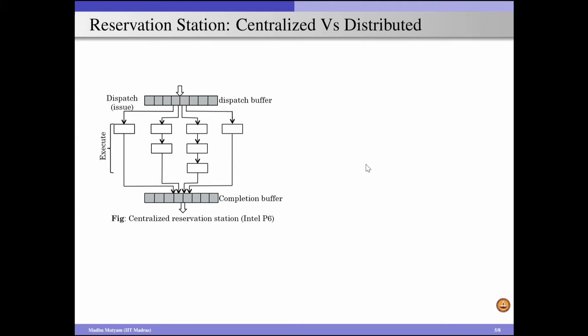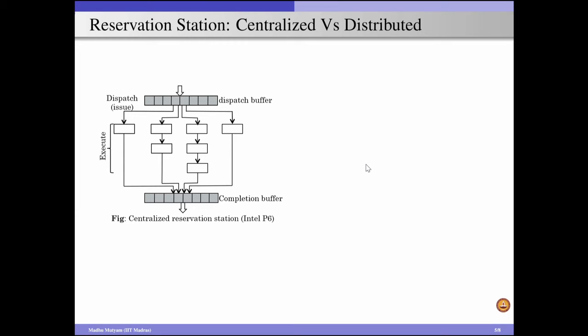The decoded instructions will be dispatched to the dispatch buffer, and from this dispatch buffer instructions will be selected and sent to the execute stage. Here the input to the dispatch buffer is coming from the decode stage in order, but the output from this dispatch buffer is going to the functional units in an out of order fashion.